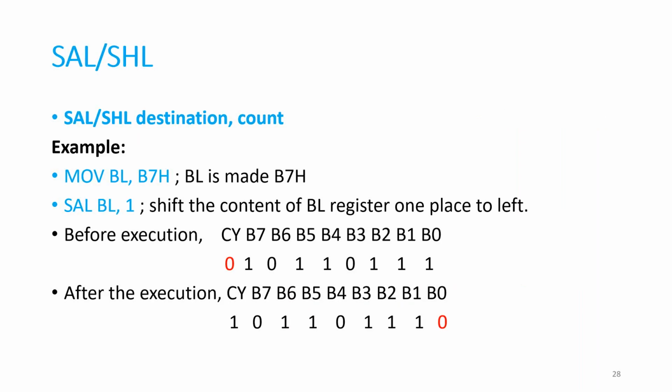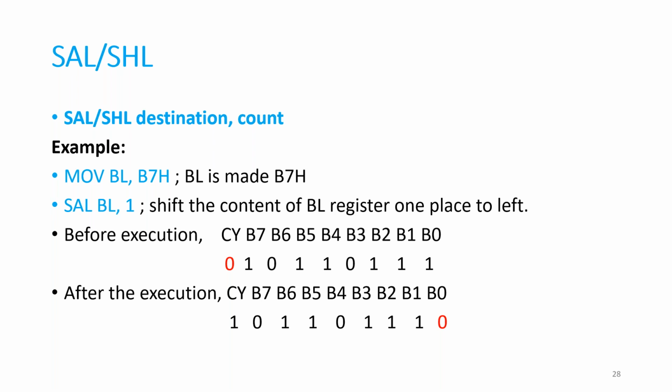So this is shift arithmetic left, and shift logical left. In this execution, you can see the example: MOV BL comma B7H, SAL BL comma 1. So BL is made B7H. I'm going to move B7H into BL. Next, your shifting operation, shift arithmetic left BL comma 1.